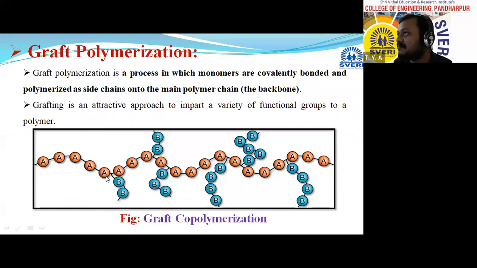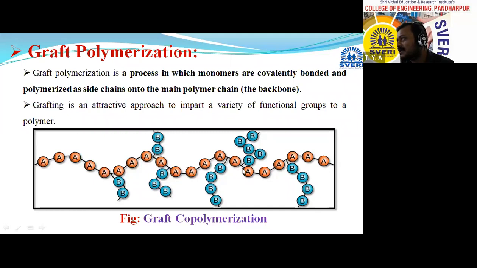From the diagram itself, if you are able to remember the diagram, you can write the concept clearly. Please see the diagram carefully. What is happening here? Two different monomers are stitched together, and no byproduct is formed, which means this is addition polymerization only. Here you can see there is one chain of A monomer.